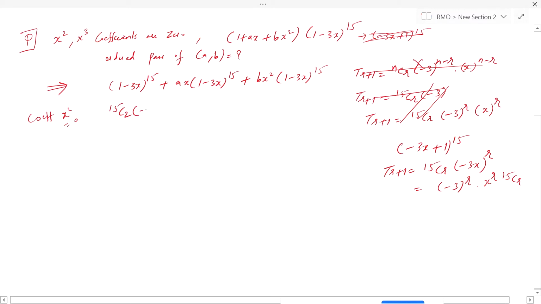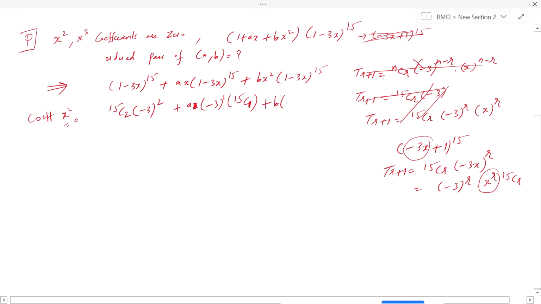Is it understandable? I just wrote this term before so that I get it directly in the form of R. So this becomes quick. For the coefficient of x square, put R as 2, so it's 15C2. Then after this, ax into x, so for the coefficient of x put R as 1. So it's minus 3 raised to 1 into 15C1. We will remove x also because now we are dealing just with coefficients.